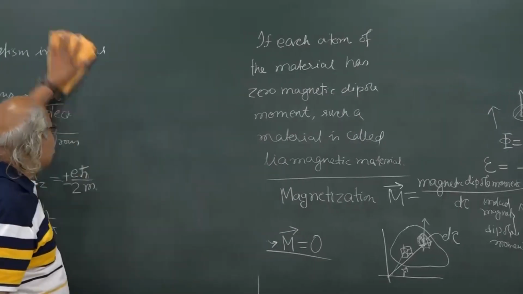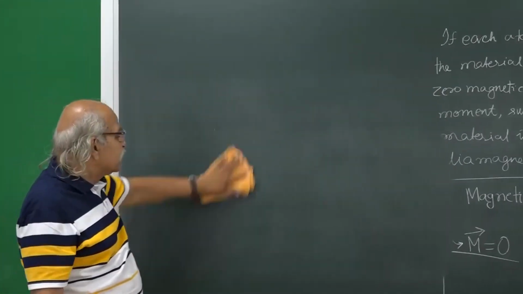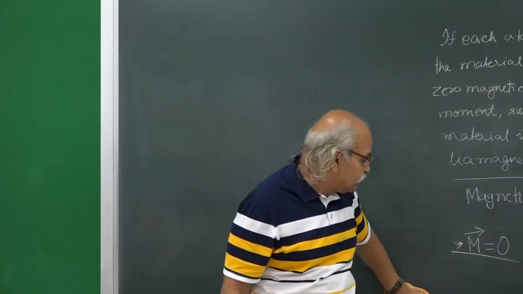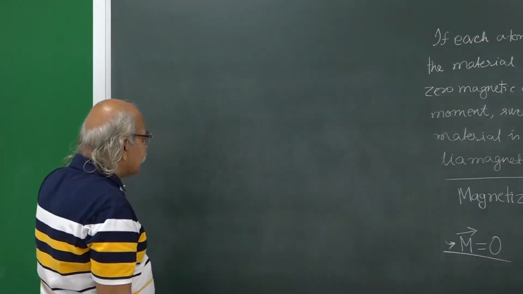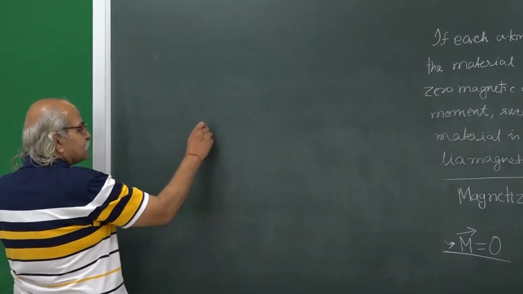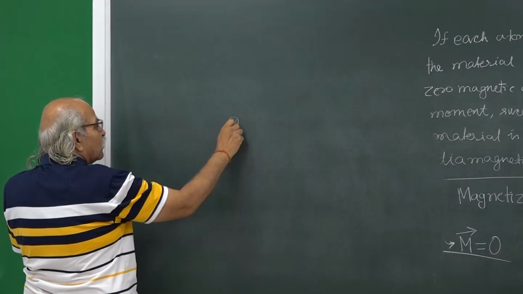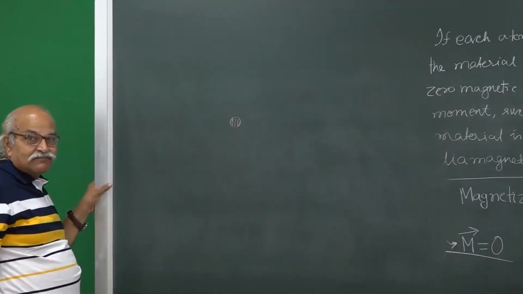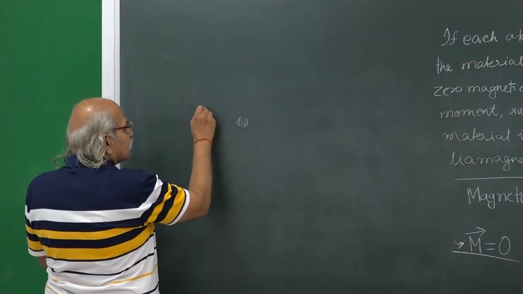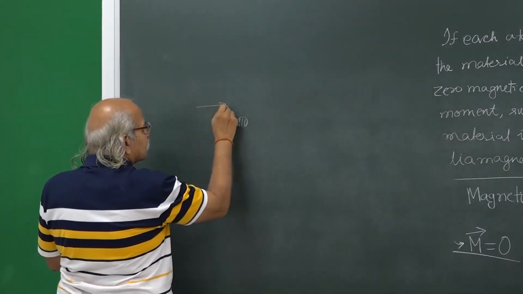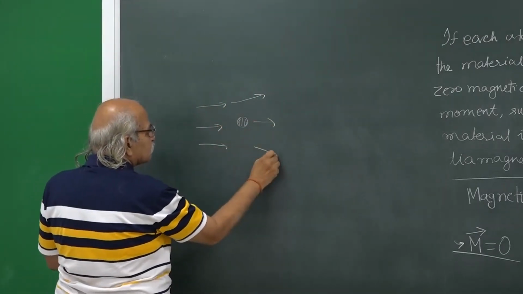So, this is the property of diamagnetic materials. Now, this property has a very interesting effect that you can just do an experiment and see, and that is, suppose you have this small part of this diamagnetic material, and we have applied a magnetic field in this direction like this.